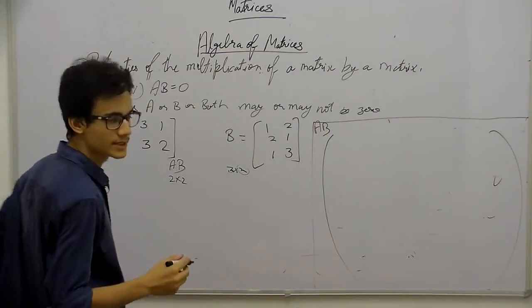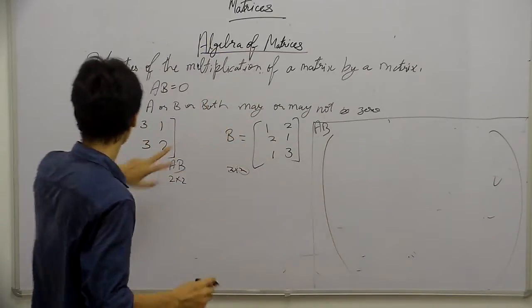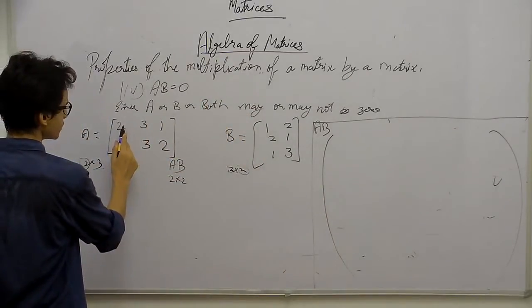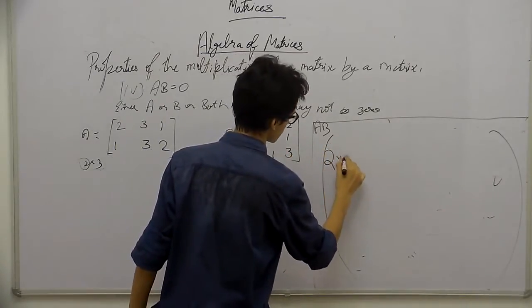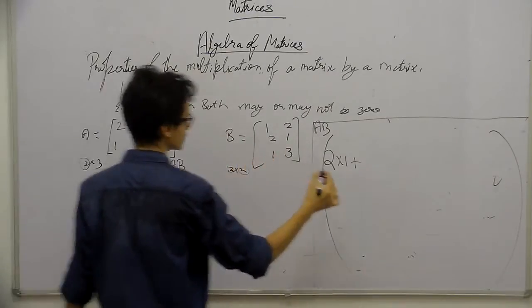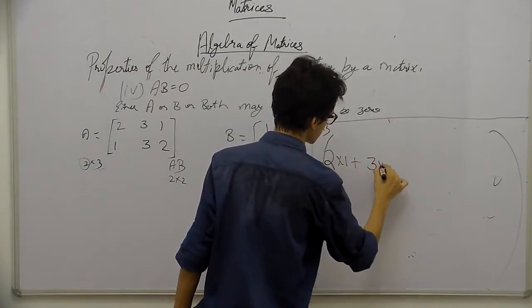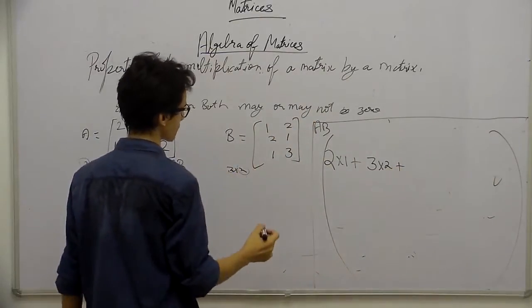Let's calculate the first element, first row first column. It is equal to 2 times 1 plus 3 times 2 plus 1 times 1.